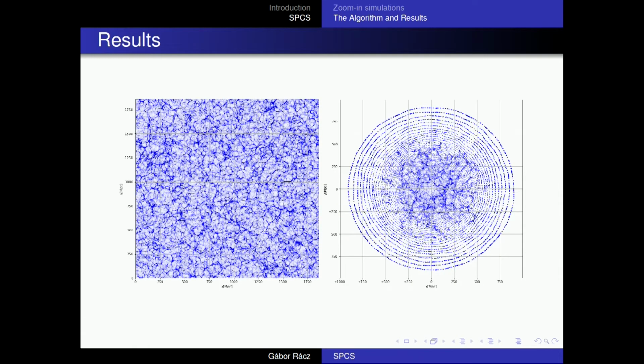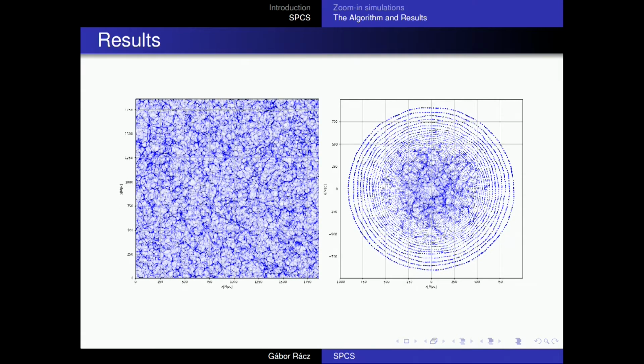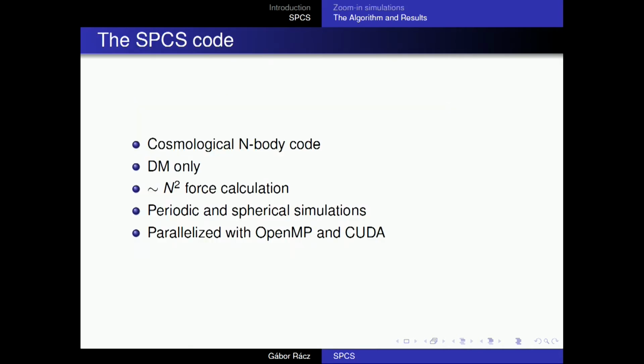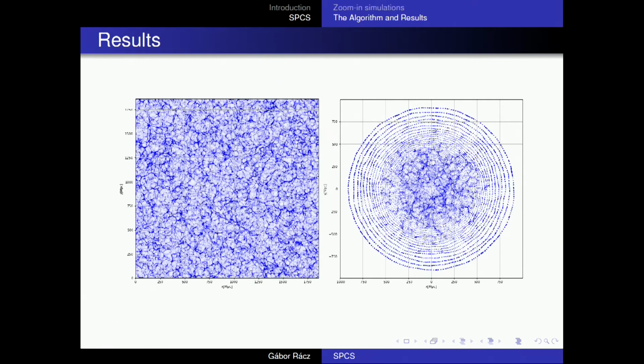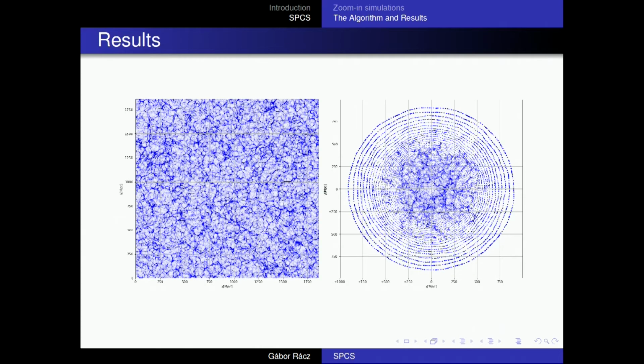And this is the result. I started from these initial conditions, and there are periodic simulations too. So we can see the same structures in the volume of interest. This is a big supercluster, and we see this also here.